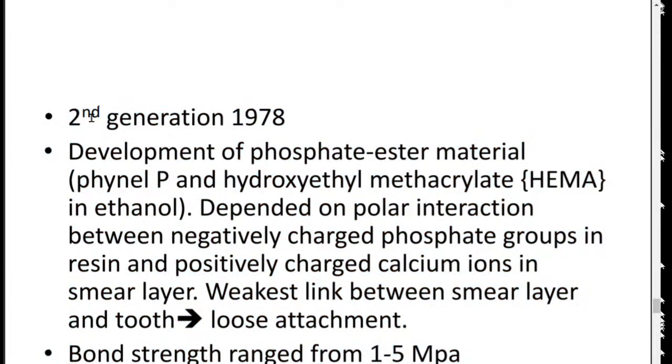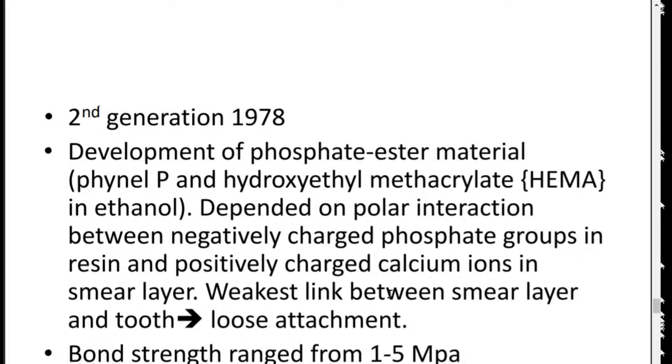Let's read it slower this time. Second generation, 1978. Development of phosphate ester material, phenyl P and hydroxyethyl methacrylate, HEMA, and ethanol, dependent on polar interaction between negatively charged phosphate groups in resin and positively charged calcium ions in smear layer.